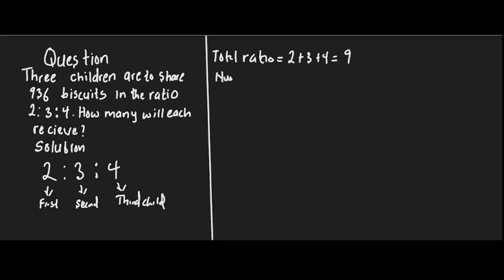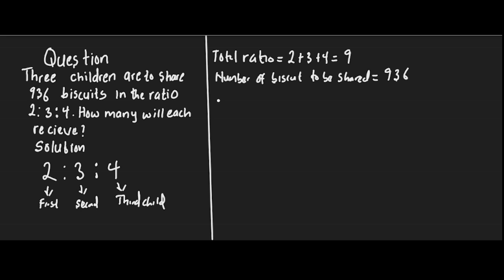Number of biscuits to be shared is equals to 936. How many will each of these children receive?